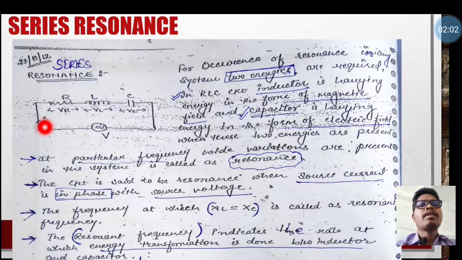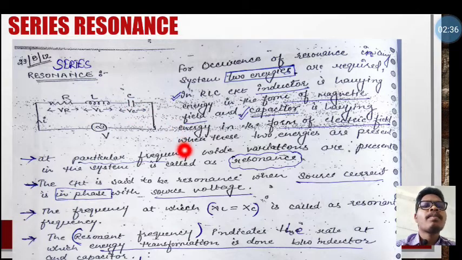But in this circuit, the resistance is the energy dissipating element, and the inductor and capacitor are the two energy storing elements. In the RLC circuit, the inductor stores energy in the form of a magnetic field, and the capacitor stores energy in the form of an electric field.